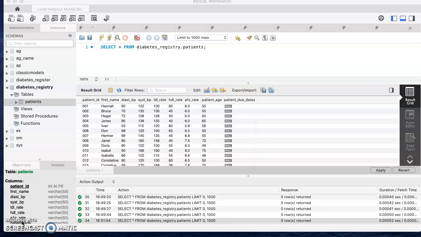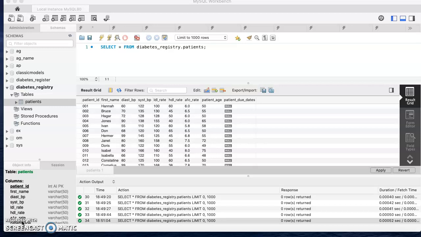I also have the patient's first name. You can see I have the diastolic blood pressure values, the systolic, and the low density lipoprotein values, that's the bad cholesterol, LDL.